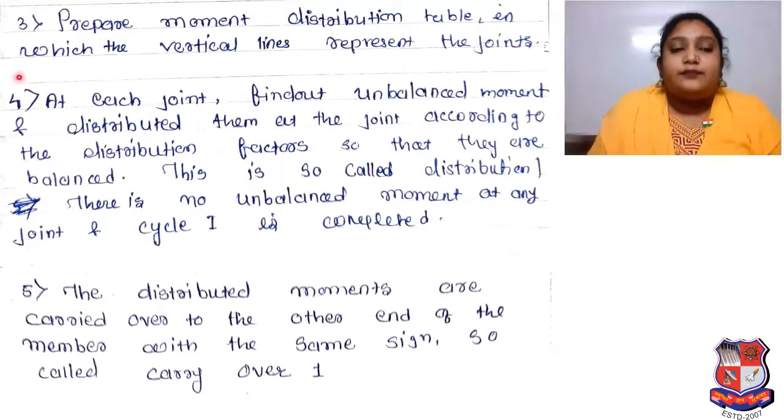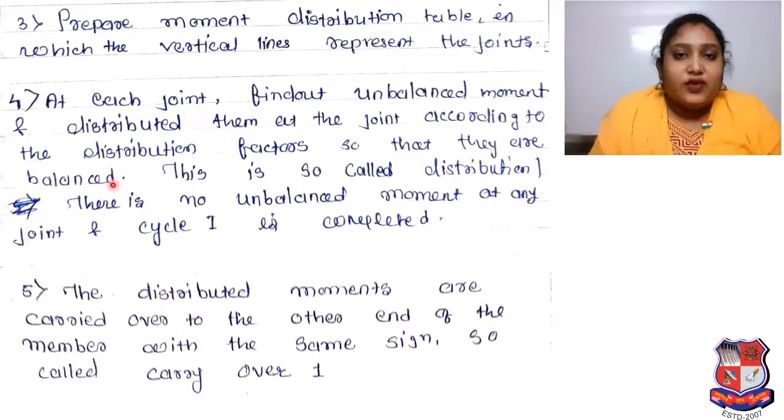Now the third step, prepare a moment distribution table in which the vertical lines represent the joints. We have to prepare one table to represent the joints. At each joint, find out the unbalanced moment and distribute it at the joint according to the distribution factor, so that they are balanced.